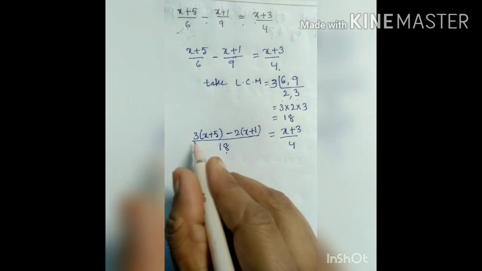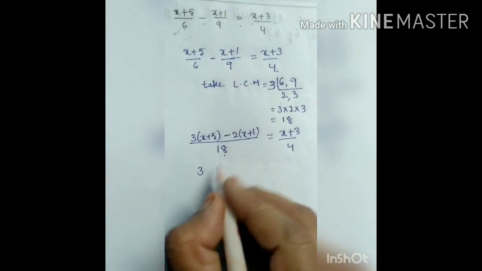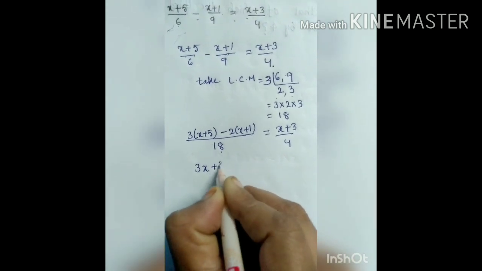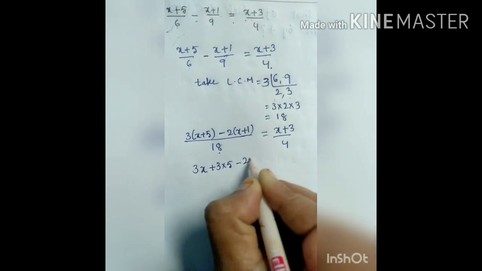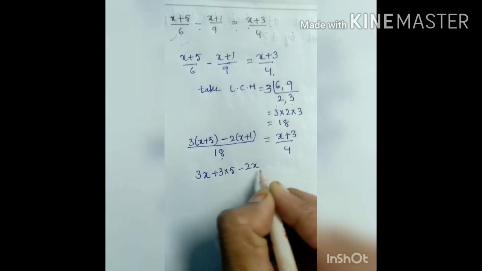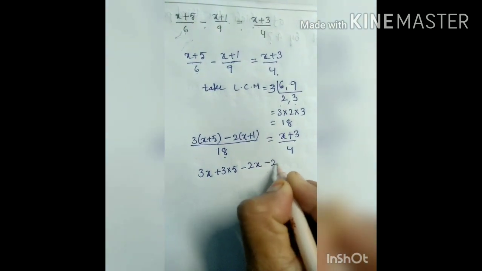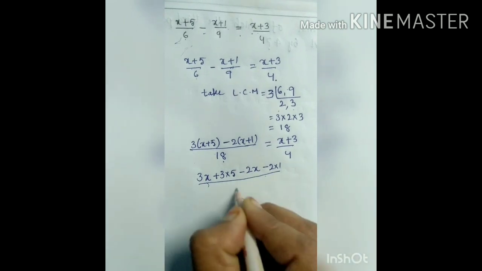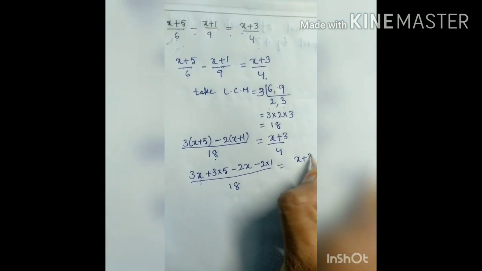Okay, so here multiply with the inside terms. 3 into x, 3x, plus 3 into 5, minus 2 into x, 2x, minus 2 into 1, by 18 is equal to x plus 3 by 4.